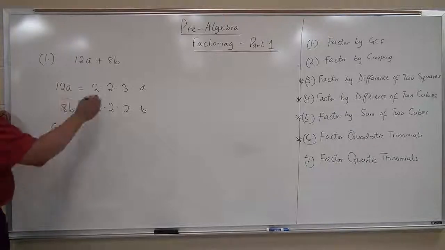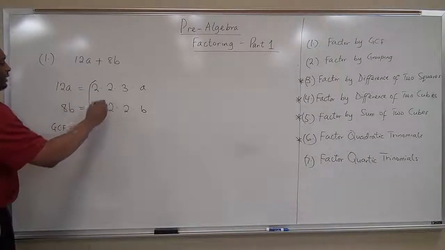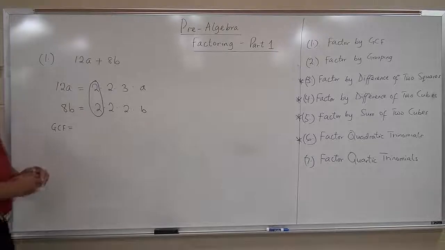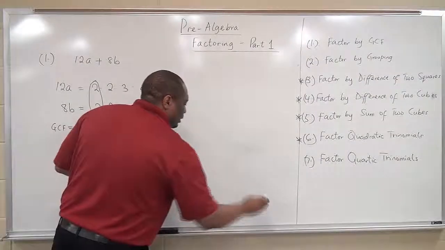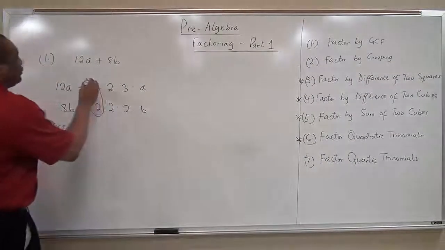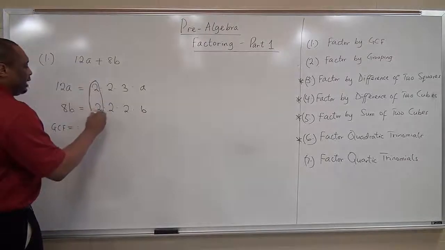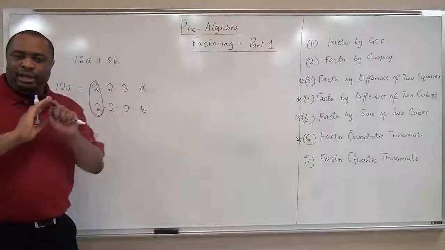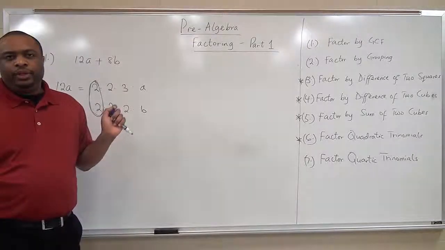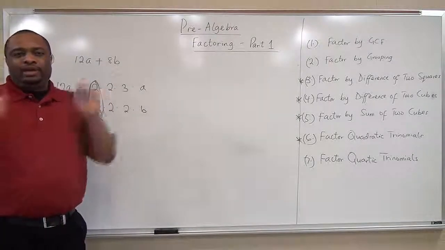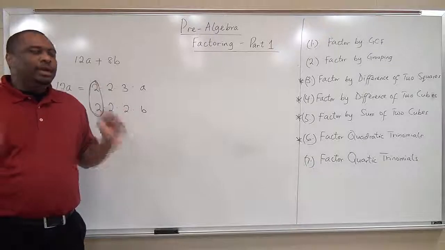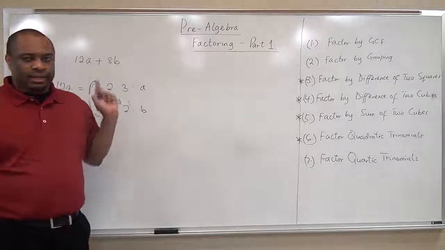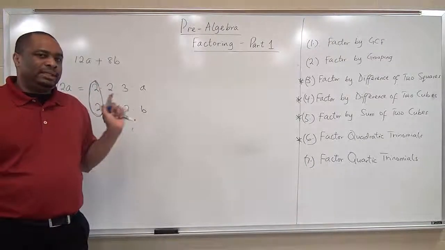So we looked at the GCF. GCF will be the common factors. We just highlight the common factors. 2 and 2 is common here. We are not interested in uncommon factors. We are only interested in common factors, not anything that is not common.